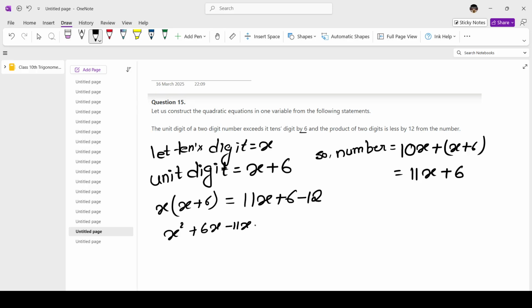The 6 cancels out, so this will be x square minus 5x plus 6 equal to 0. So this is the equation.